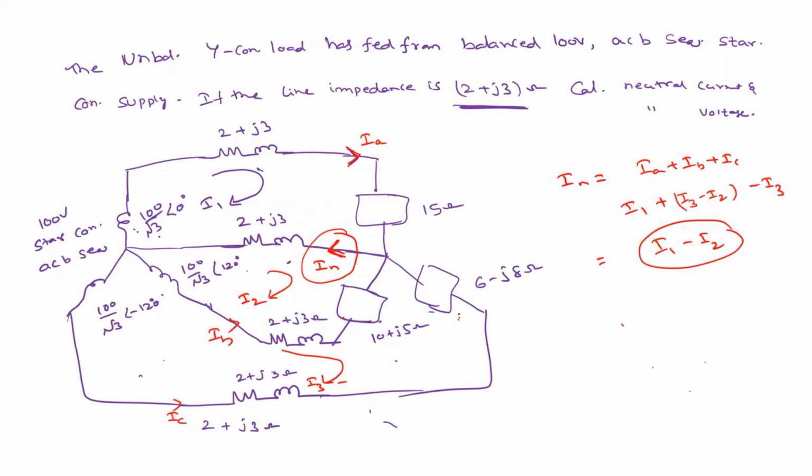So how to find the neutral voltage? If this voltage is N, then it is 2 plus j3 into IN, sir. Neutral voltage is 2 plus j3 into I1 minus I2. This is the higher potential point, right? So it's N, capital N: 2 plus j3 into IN.